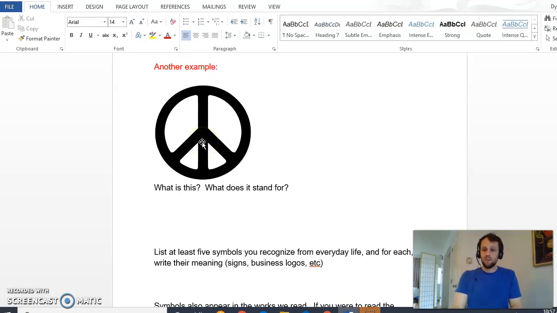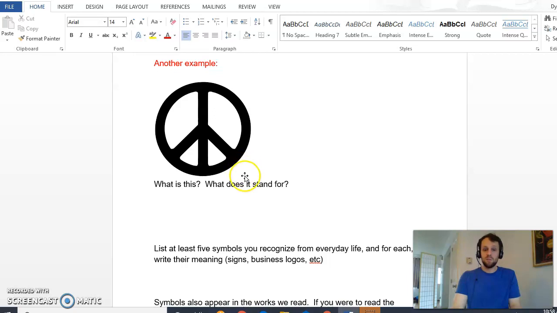And it kind of looks like a pizza that was cut unevenly. But it's just really a circle with lines in it. And that's really all it is. But it's a symbol because the concept or the idea that it conveys or that it communicates to us is of an abstract idea of world peace, of peace. So that's a symbol.